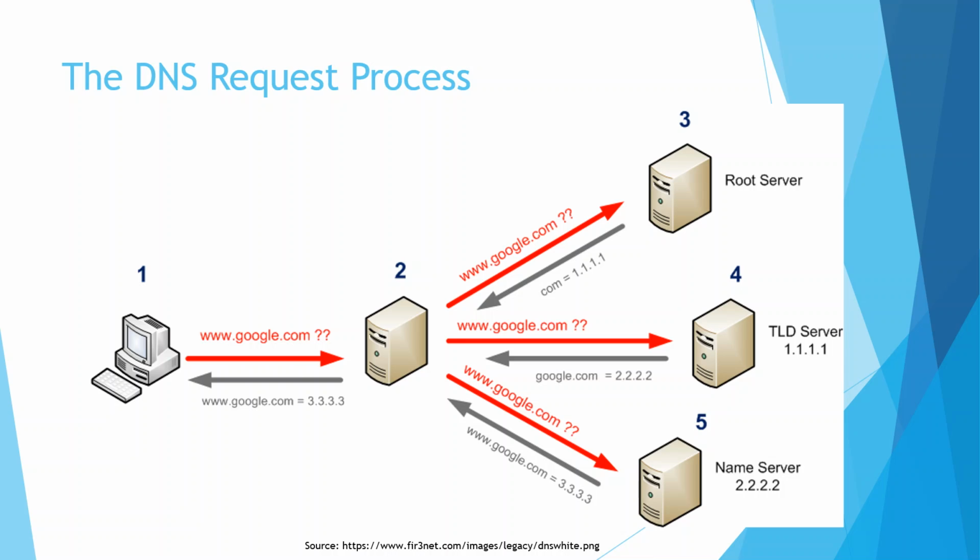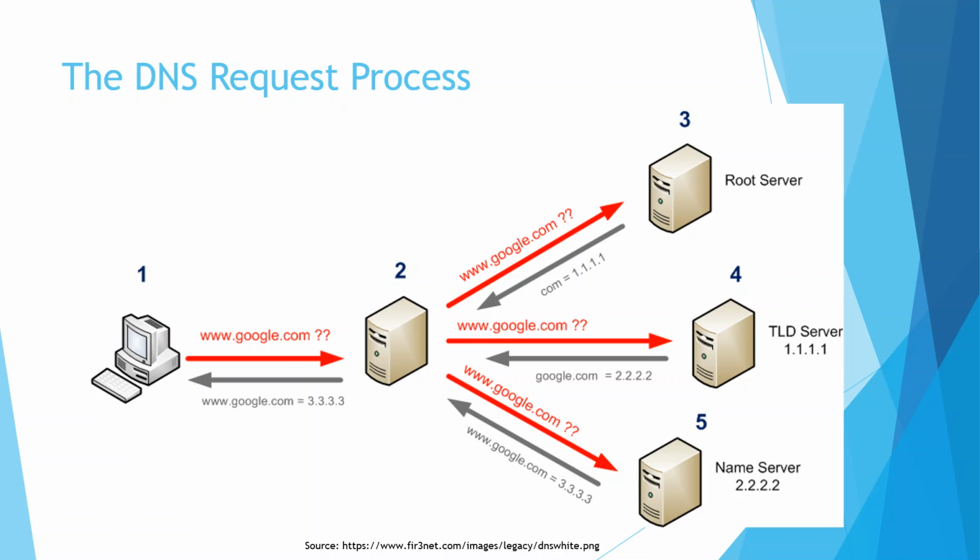And DNS server number 2 is going to say, okay, great. Now, hey, DNS server at google.com, what is the IP address for www.google.com? And that name server is going to say, oh, I do have that record, and www.google.com is going to be at 3.3.3.3.